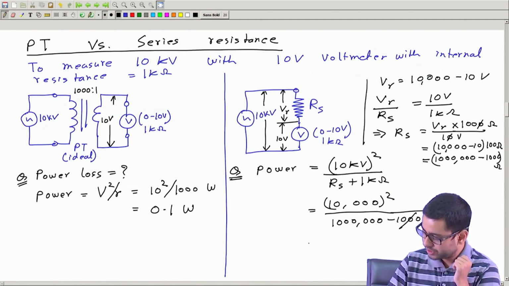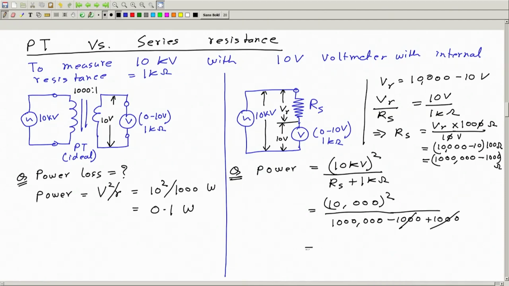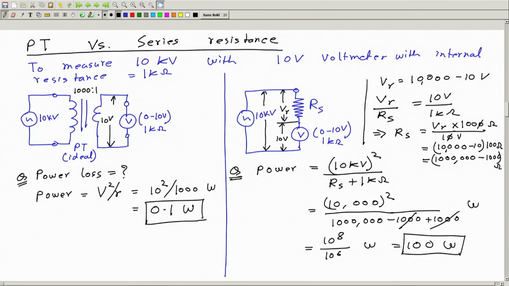This cancels. So we have 10 to the power 8 divided by 10 to the power 6 watt. So this is 100 watt. Okay, so this power loss is much greater than this power loss. So with a PT, the power loss is much smaller than if we have a multiplier or series resistance.